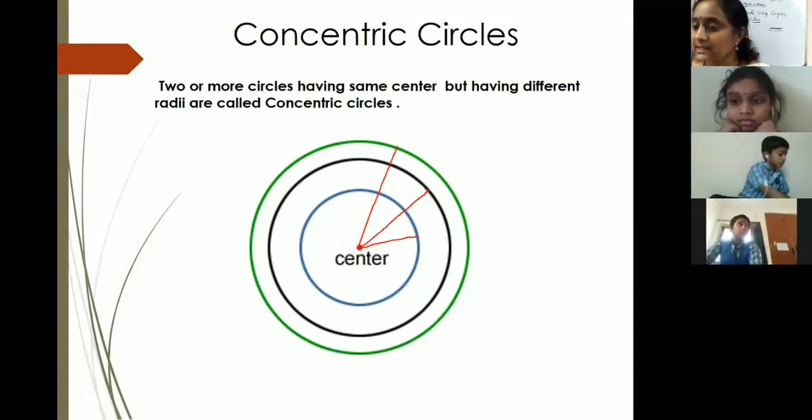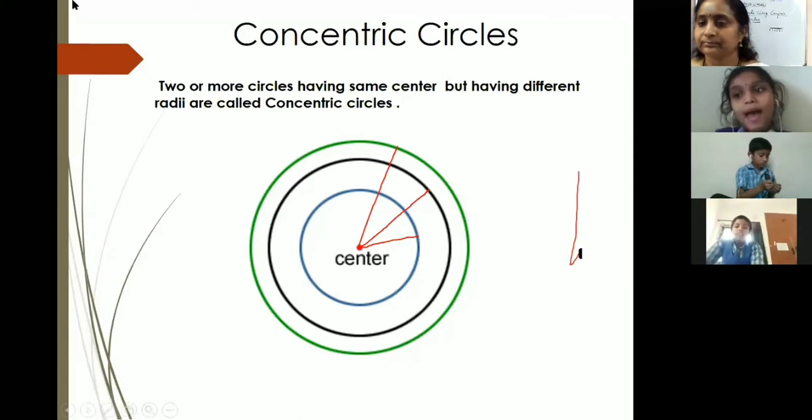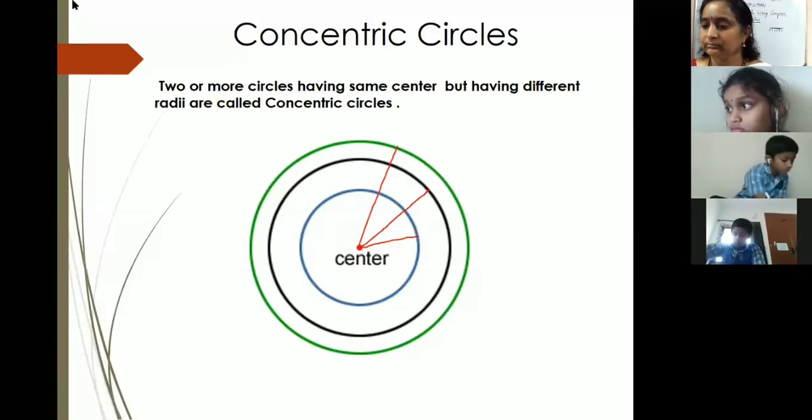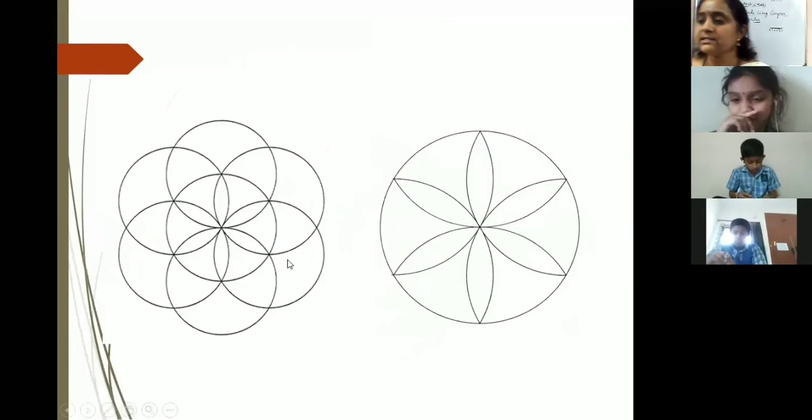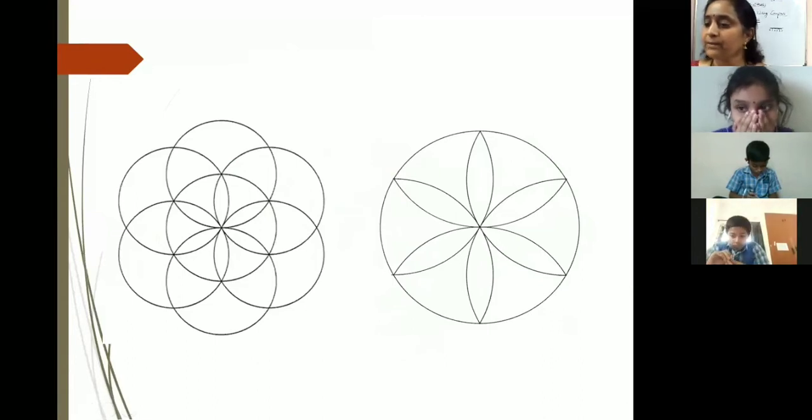So by using circles, we can make different types of patterns. Let us see some patterns. Ma'am, one of them is the Olympic. See here, these patterns are made with a compass. I will show how to do the patterns. One of them I will show, okay? Later you can try to do so many patterns which you want.